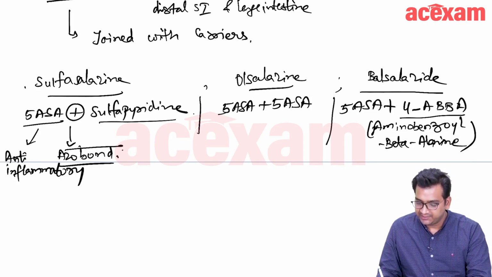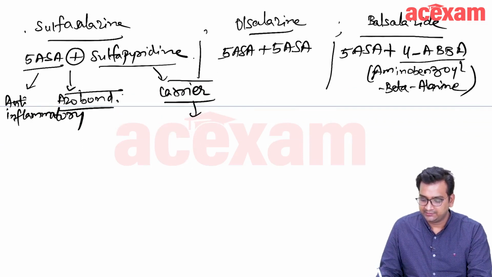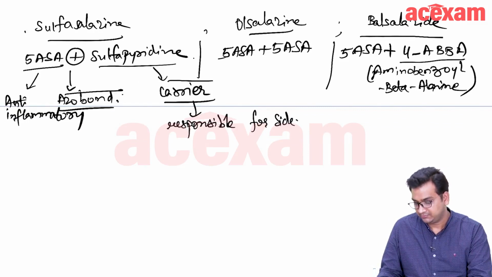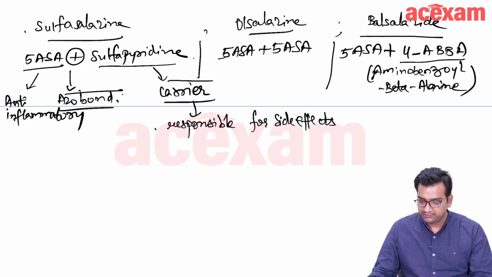And the sulfapyridine helps as a carrier, and it is responsible for the majority of the side effects. But it helps in delivering the 5-ASA to the large intestine and the distal small intestine. So this is all about 5-ASA agents.